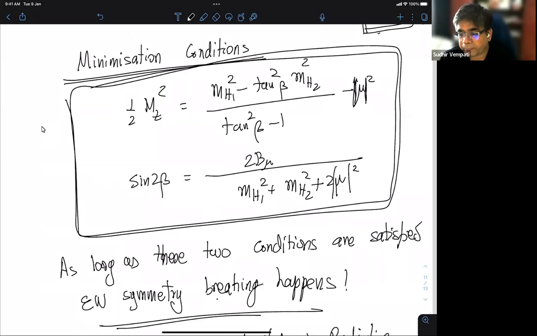This conflict is a major conflict actually. This is the reason why you end up with all this talk about fine-tuning and so on.